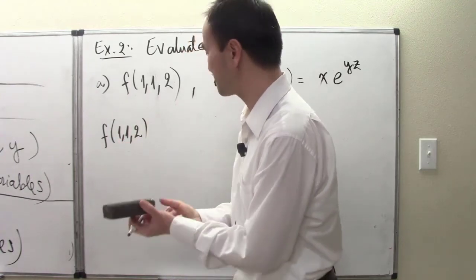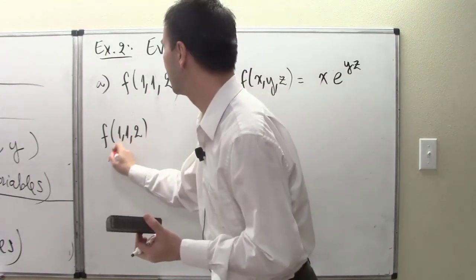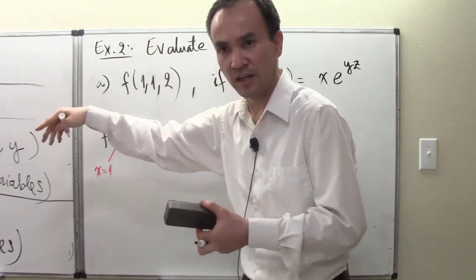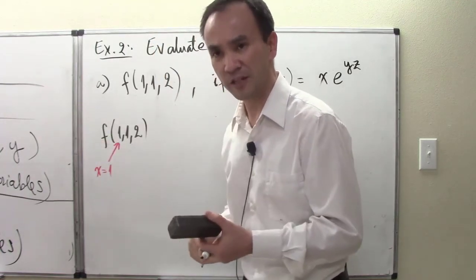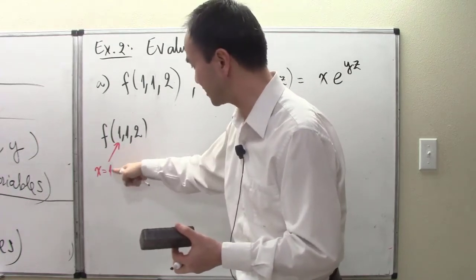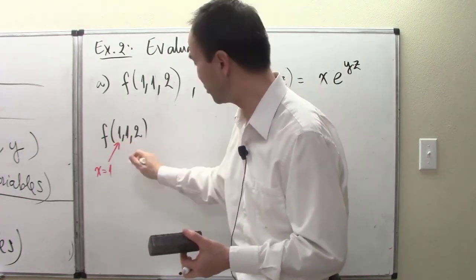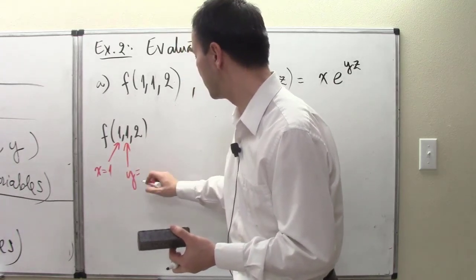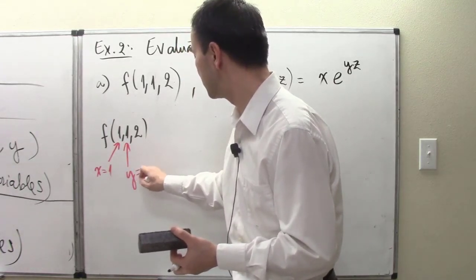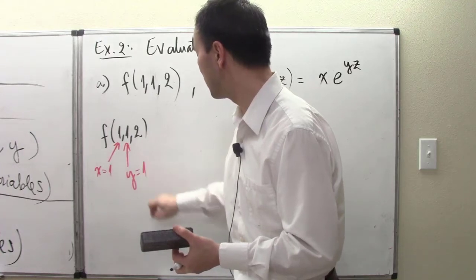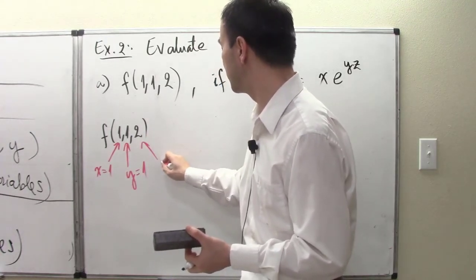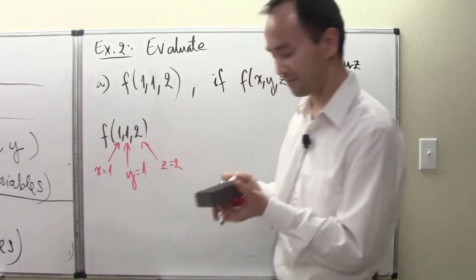Let's label that. This is indicating x equals 1, because the first one in the triplet corresponds to the x variable. The middle one in the triplet is y equals 1, and the last one here is equivalent to z equals 2.